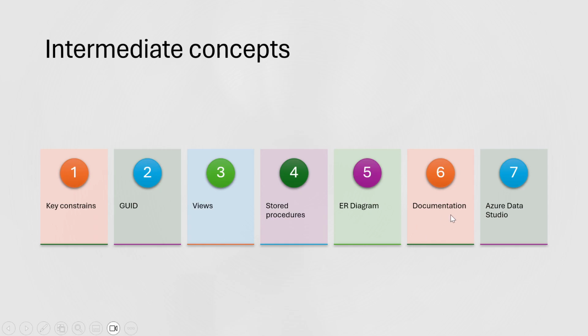So after the documentation, there is one last thing left, which is Azure Data Studio. Lots and lots of people prefer to use SSMS, SQL Server Management Studio, but there are so many other good tools that you can use to connect to a database.